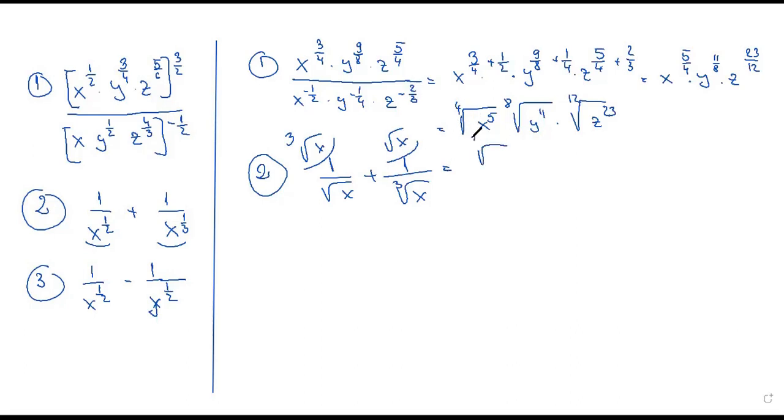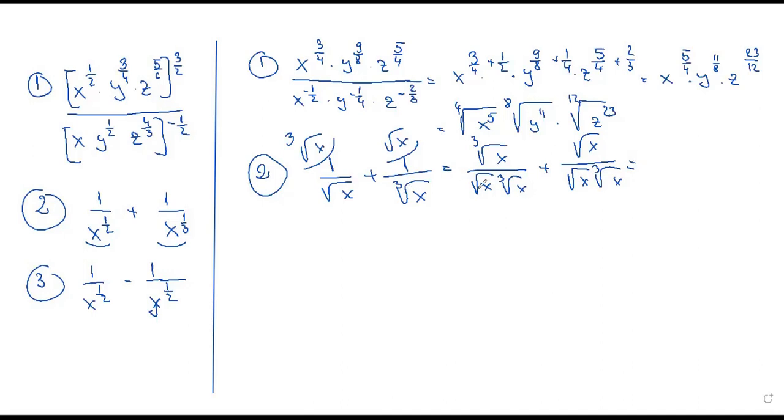A times the cube root of x over x times the cube root of x, plus the square root of x over the square root of x times the cube root of x, equals.